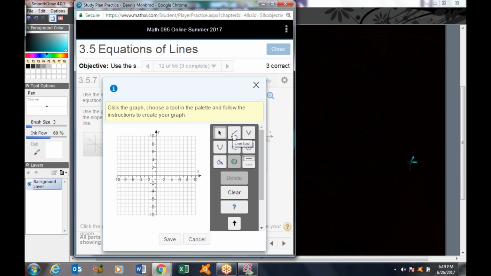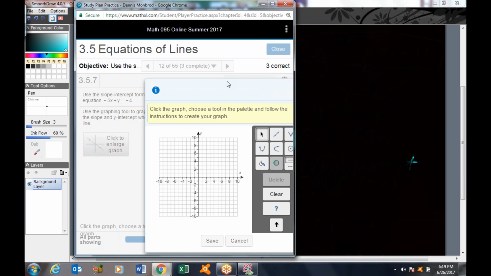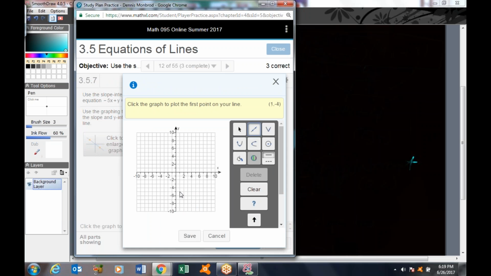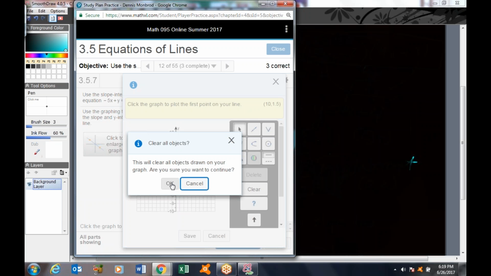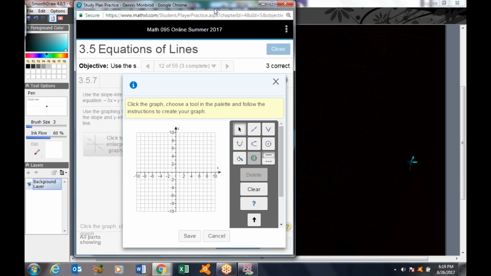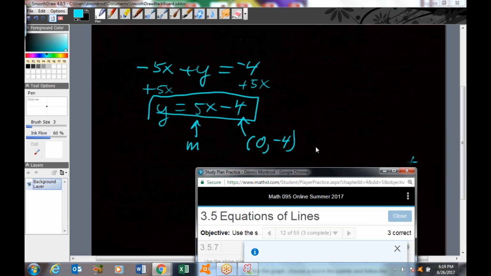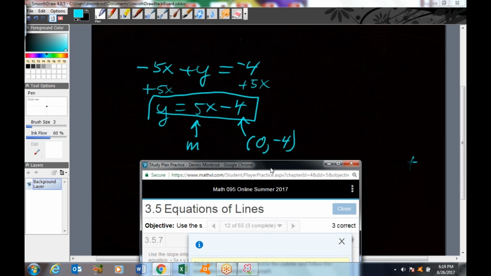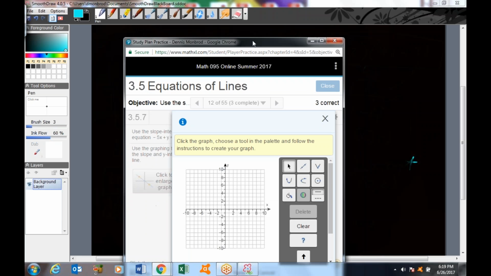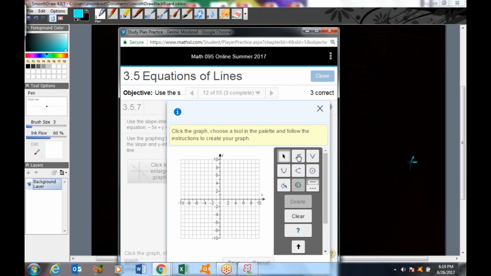So start at that same point, negative 4. Oops, that's not quite where I wanted it. I gotta be careful with that.